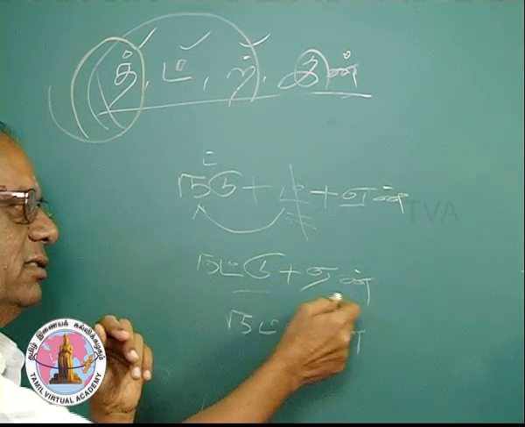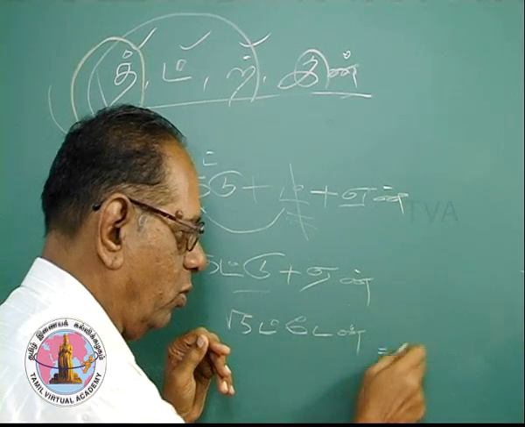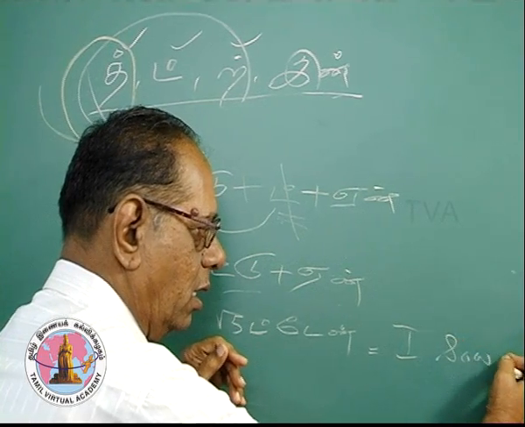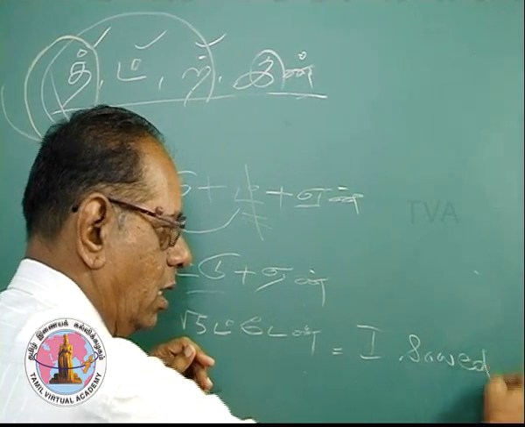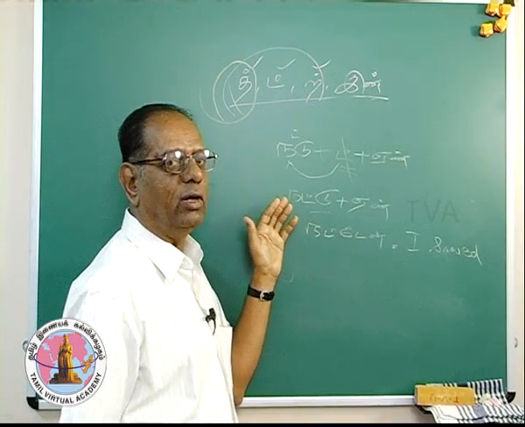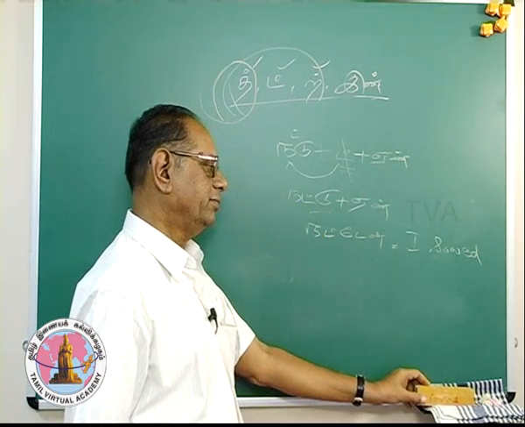"Nattu" plus "ain," "nattain." I sowed. Slowly I am taking up the verbs which are difficult to understand.